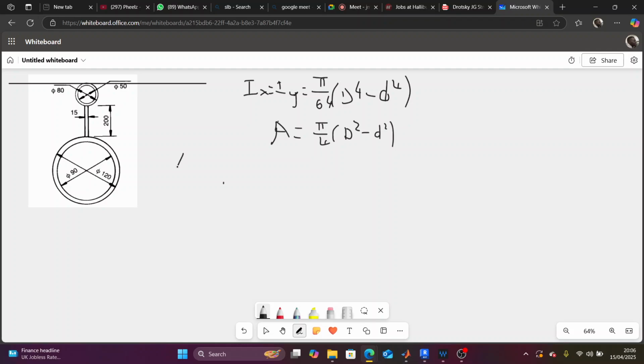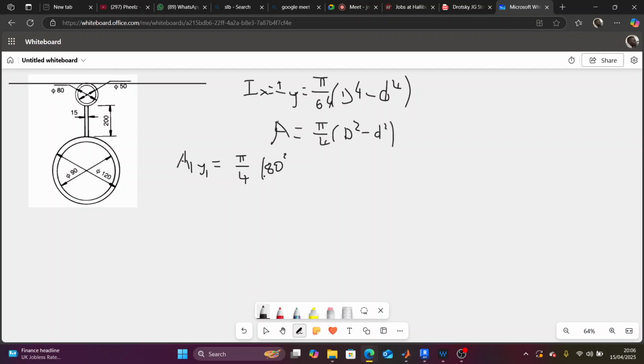Let's go with A1 Y1, right? For A1, we just consider the allo, everything. Pi over 64. What is the big diameter? There, it is 80. Square. No, I'm making a mistake. It is not pi over 64, it is pi over 4. Pi over 64 is the moment of inertia.